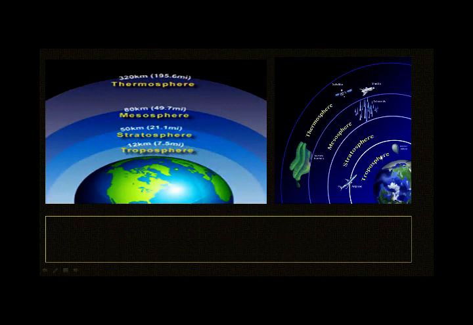Now, in this second layer, the jet aeroplane flies above 20 kilometers above the earth in the layer of air called the stratosphere. This layer of the atmosphere extends up to 50 kilometers above the earth.